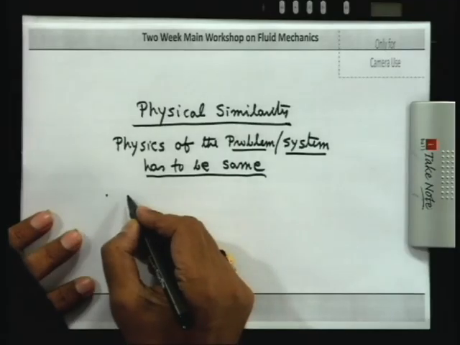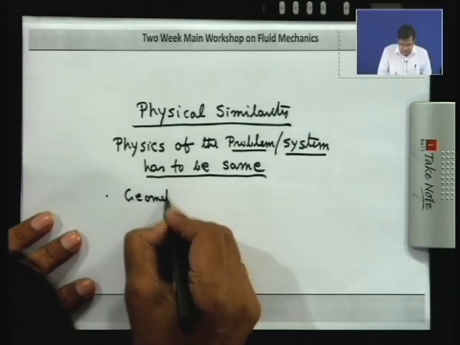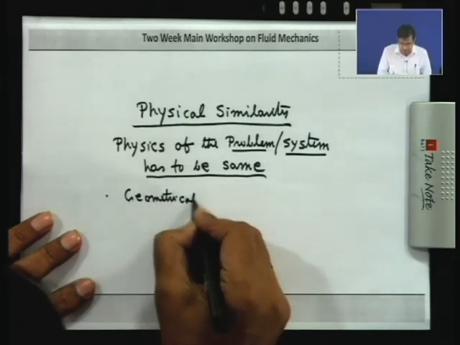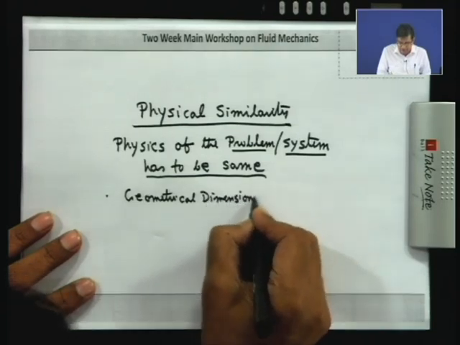Now, when the physical quantity is geometrical dimension, then it is known as geometrical similarity.